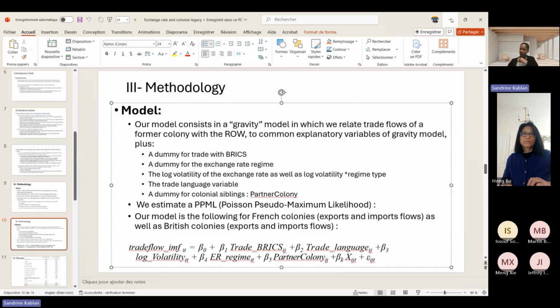So for me, it was something important to pinpoint. And of course, yes, I have to take into account other variables to improve the paper. So this is what I can answer.